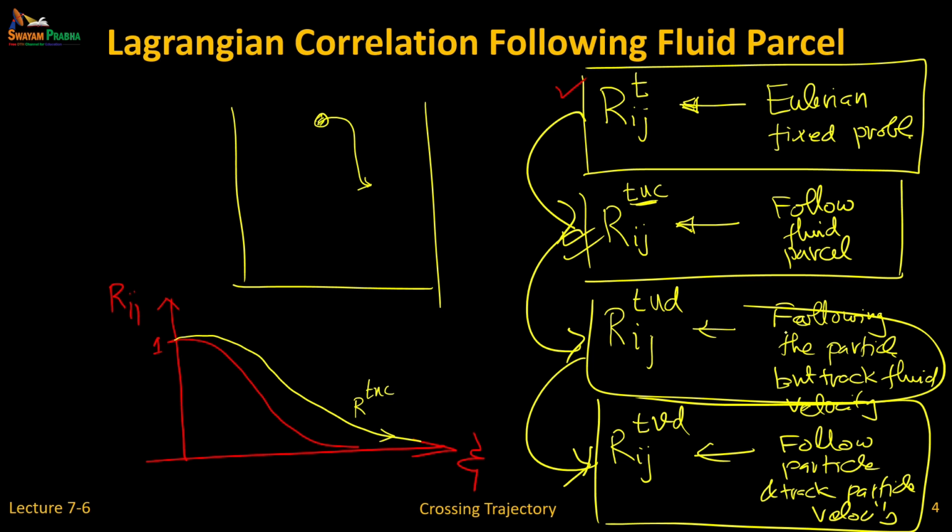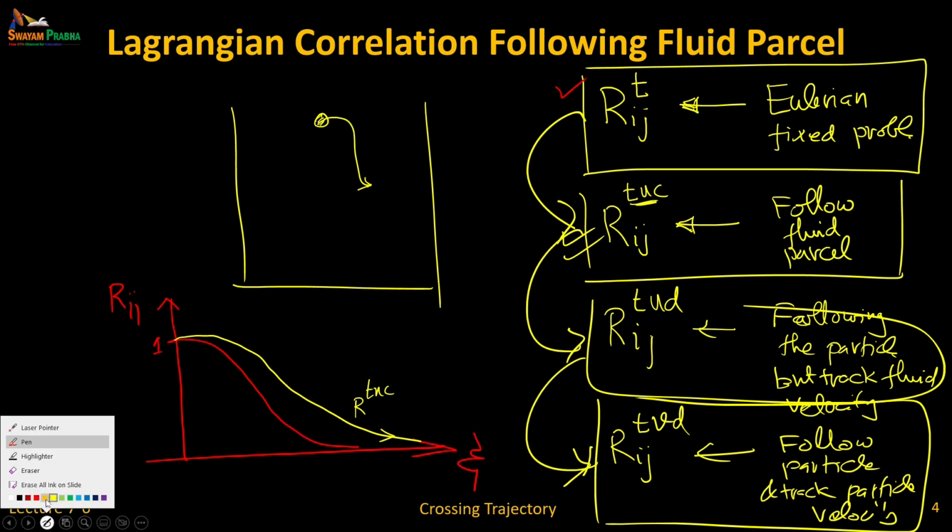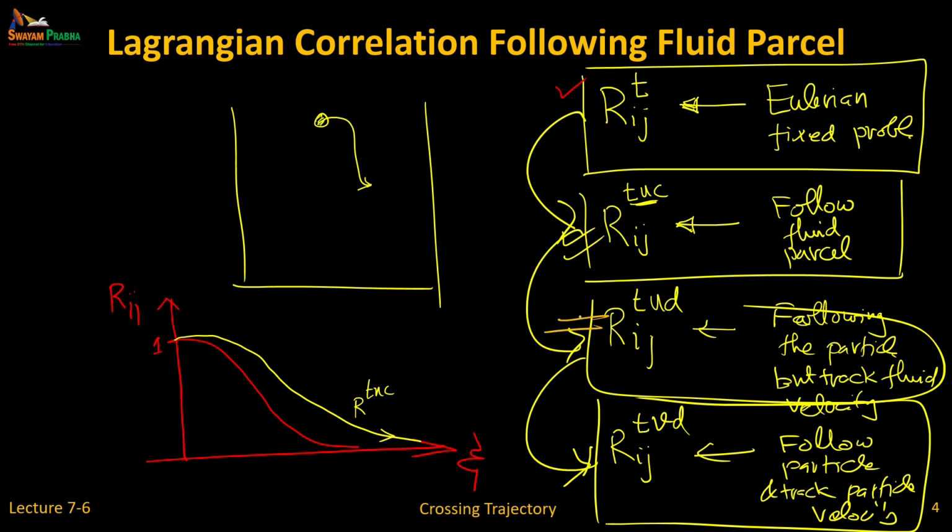What about this? Let's change the color of the pen again. Now what I'm saying is that I'm not following the fluid, but I'm going to follow the particle. Here I need to tell you that it will decrease the correlation, and this is a very famous effect called the crossing trajectory effect, because the particle is falling down.